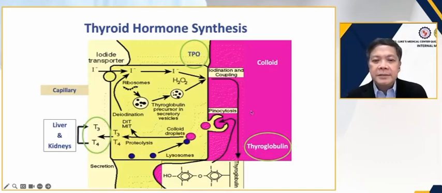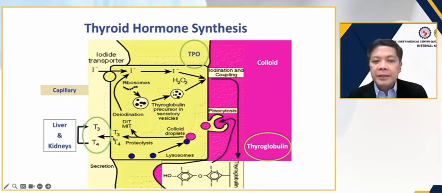Once stored in the thyroglobulin within the colloid, as needed, the cells will take a bite of the colloid where the thyroid hormone is, and it's going to be lysed by the lysosome, and it will release T4 and T3 to the circulation. Also some of the DIT and MIT will be deiodinated, and will also join the pool of iodine from the circulation.